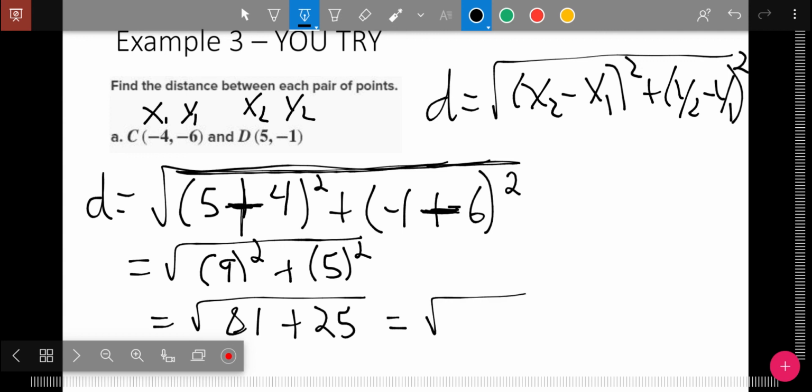I add those together, I get the square root of 106. I grab a calculator. What is the square root of 106? I got 10.3. So take your time, plug in, and work it out, and use your calculator, and you will get the right answer.